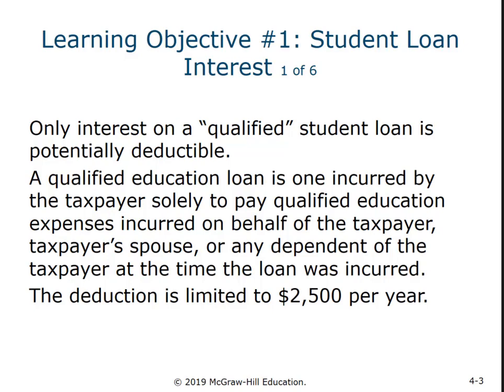It doesn't necessarily have to be a student loan. It just has to be used solely to pay qualified education expenses. So if it's not a typical loan scenario, like a federal loan, then you probably better keep some documentation of what you spent the money for to make sure that it isn't going to get scrutinized and disallowed.